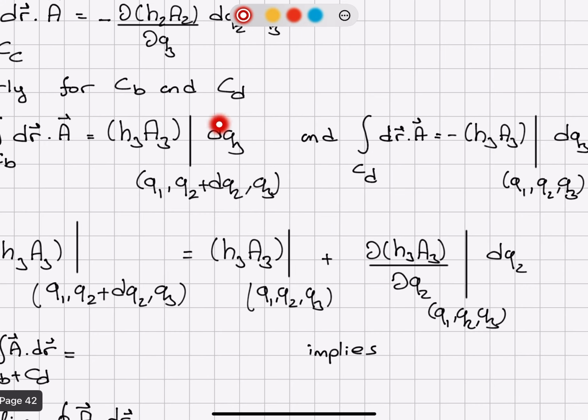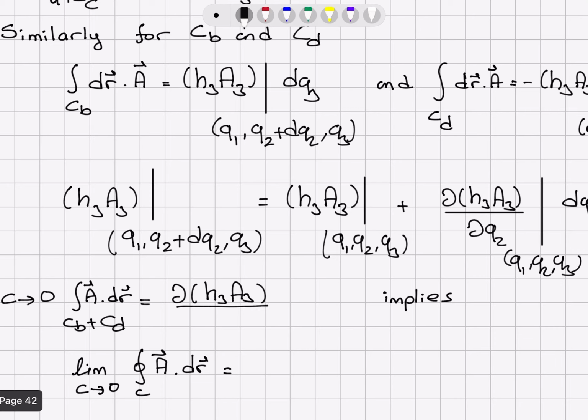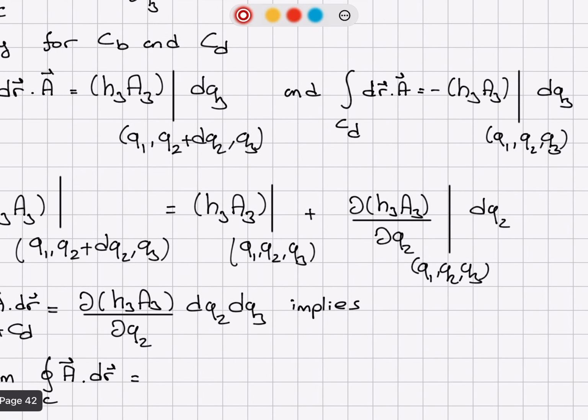This term and this term will cancel out, and we're going to have only this term remaining. So in the limit C goes to 0 for CB plus CD, A dot dr gives me del H3A3 del Q2 dQ2 dQ3. Okay, so for H3A3 I have written this, and then I have dQ3.